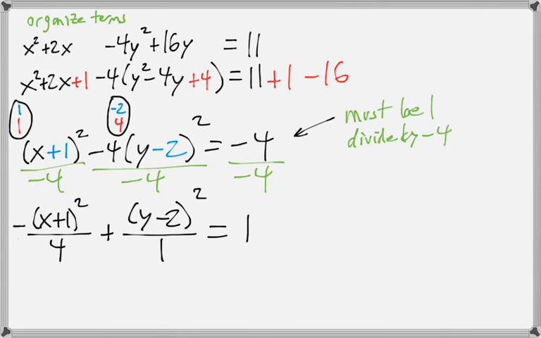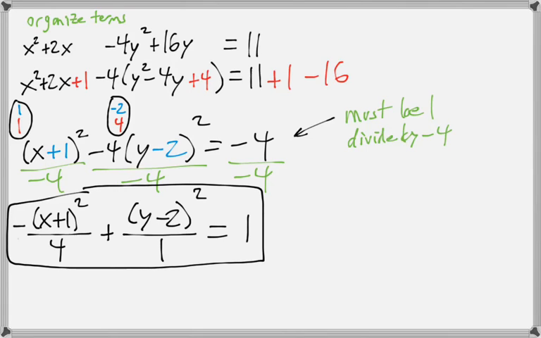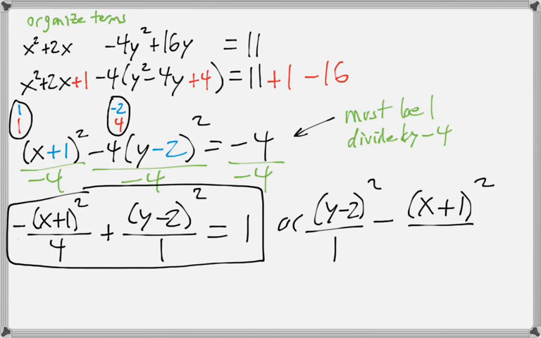So you can either write it like this, or if you always want to put the -1 second, then you can put the +1 out front. So either like this, or because the y is positive, put that first, the x is negative, put that second.